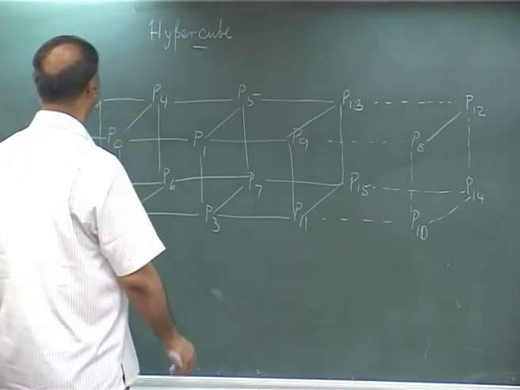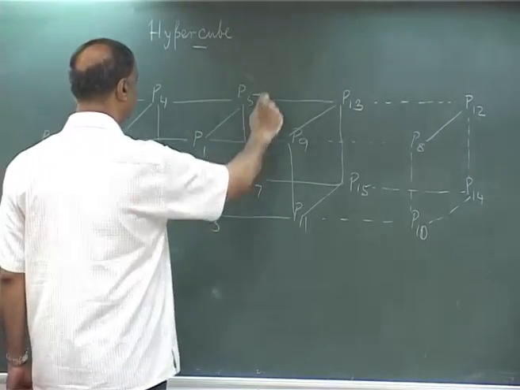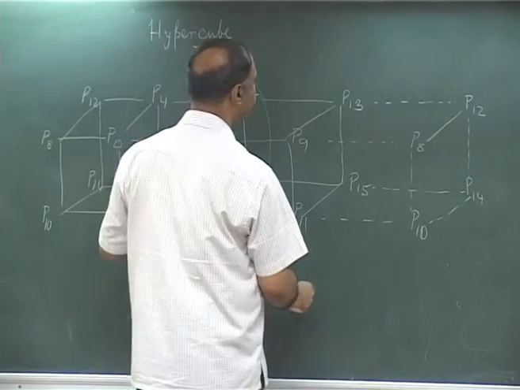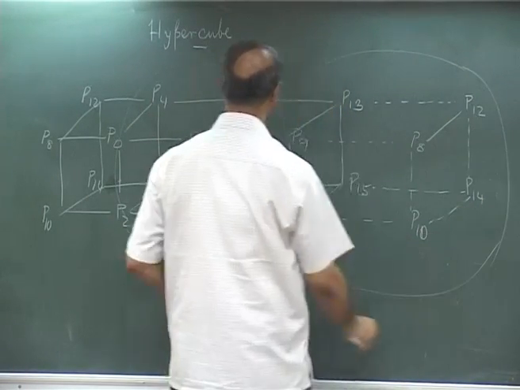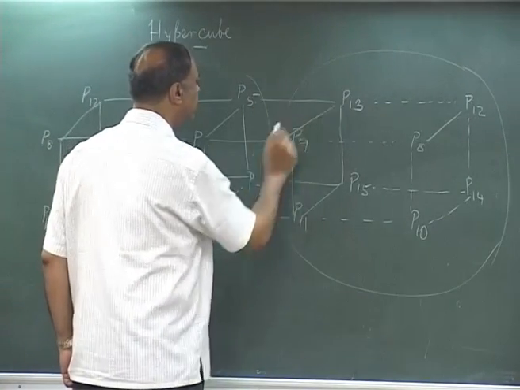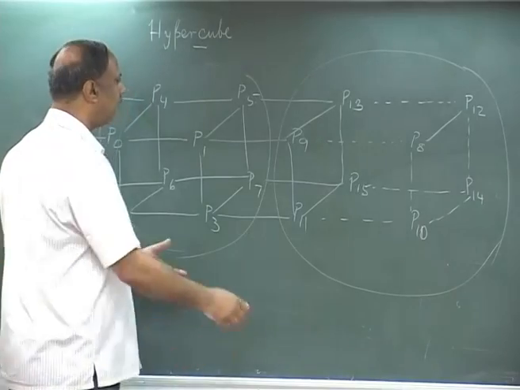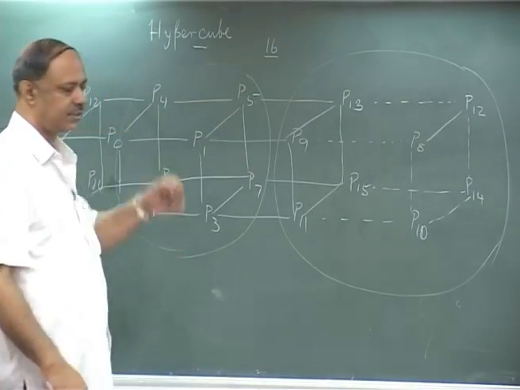Initially you had this hypercube of size 8. This is another hypercube of size 8, and you observe that for every processor there is one additional link you have established, and we can merge and we get the hypercube of size 16.